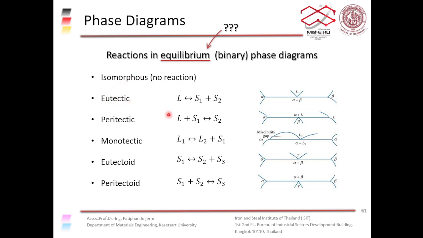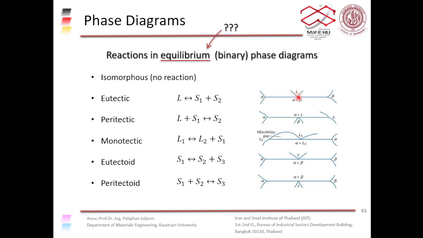reaction. When you have liquid metal, upon cooling, that liquid or molten metal will turn into solid number 1 and solid number 2, right? On the phase diagram, it will look something like this. You would get this point here where there are two lines coming down together. These two lines are called liquidus. We'll go into detail about these lines a bit later.